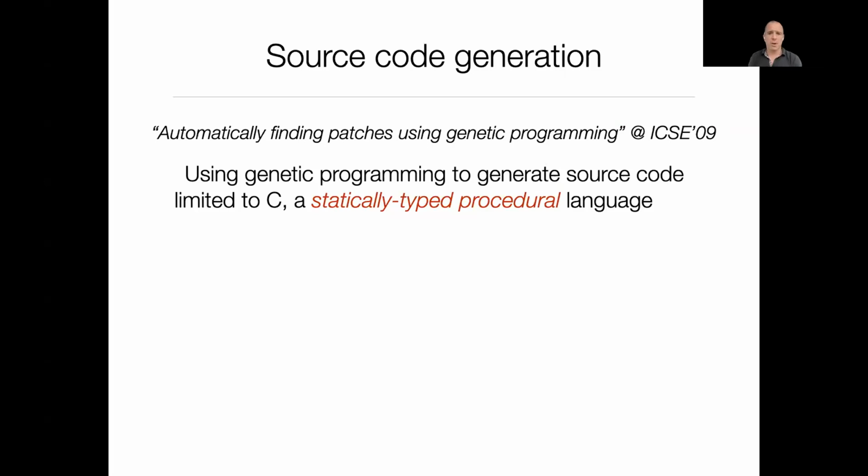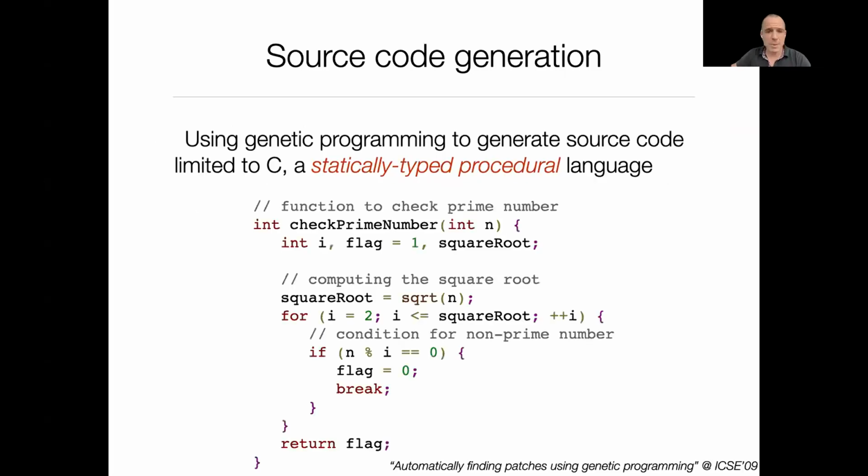C programming language. C is a statically typed procedural language, which means that for a given piece of code in C, statically typed means that each variable has a type that is known at compile time. So we know exactly, statically, what the type of these variables is.